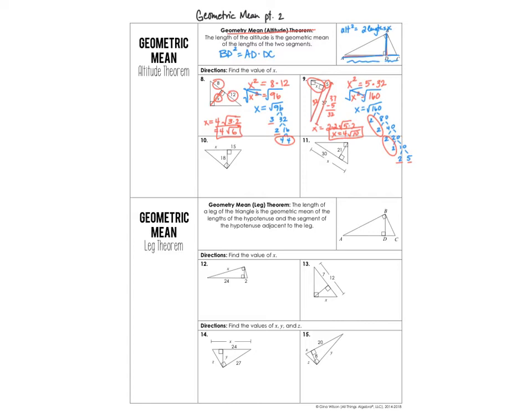Okay, let's look at the last two. All right, this one, it's giving us the altitude. So our altitude squared equals our two small pieces that runs into it. So x times 15, which is just 15x. So 15x equals 18 squared.